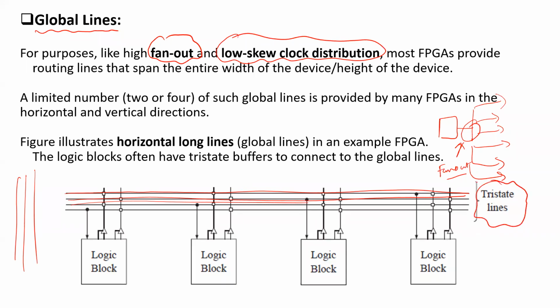This is another interconnect normally used in FPGAs. So if you go from one interconnect to another interconnect, the main idea is that we have to reduce the delay when connecting one particular logic block to another particular logic block.